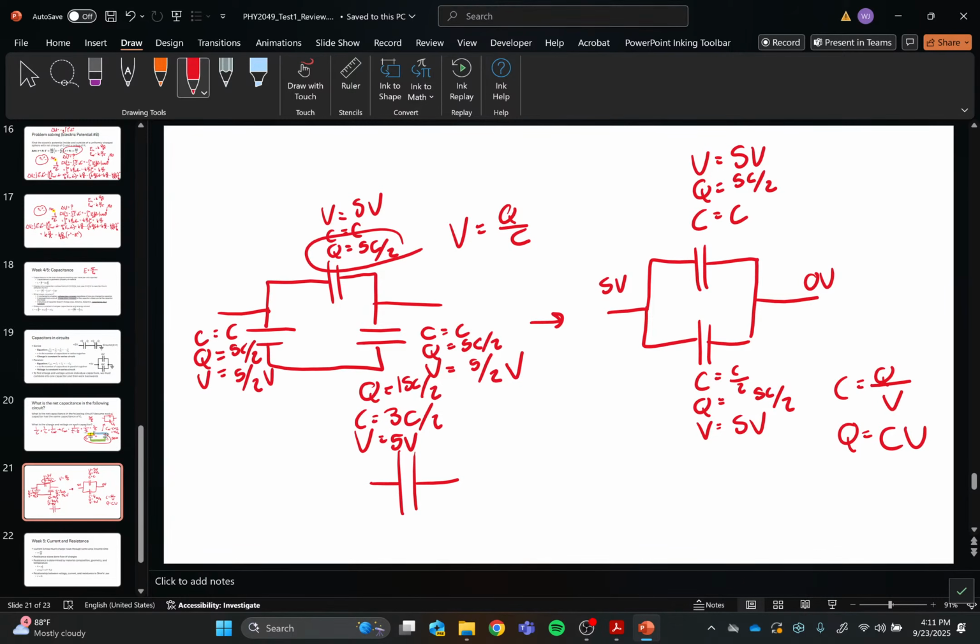Did I not write that? Oh, just 5C? For this one up here? That's a great question. Did I put a 2 there for no reason? Yeah, I did put a 2 there for no reason. You're right, 5C.